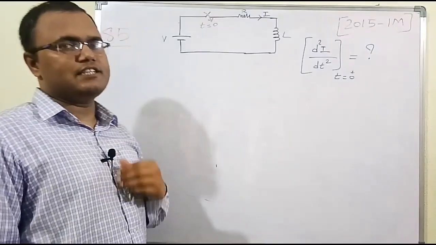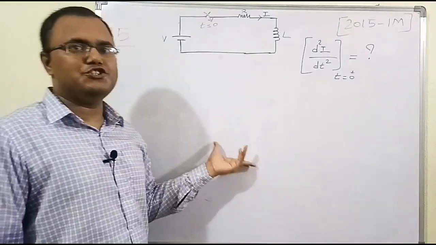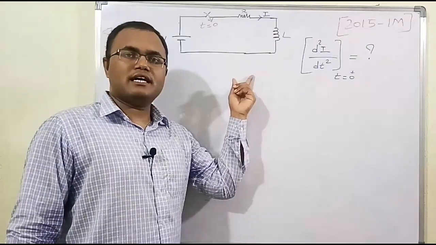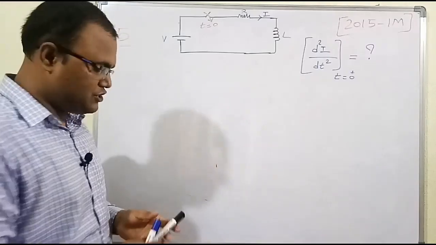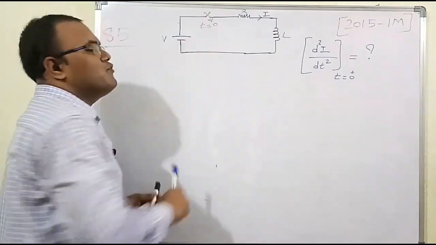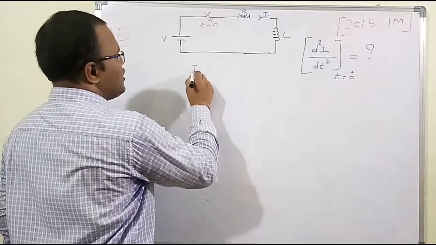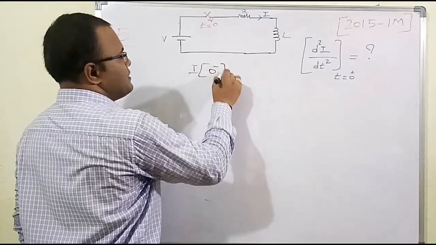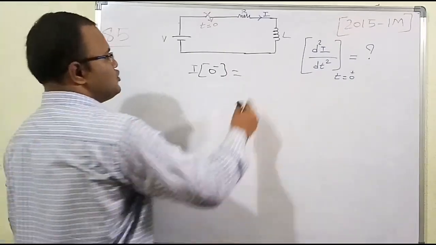Initial conditions 0 means before the switch is closed, the current in the inductor is 0. I am reading it again. In this question they are given that initial conditions are 0. So the current in the inductor before the switch is closed, I of 0 minus, is 0.